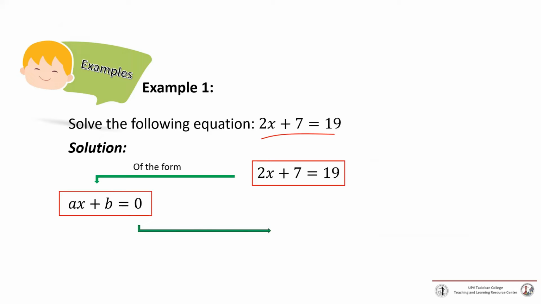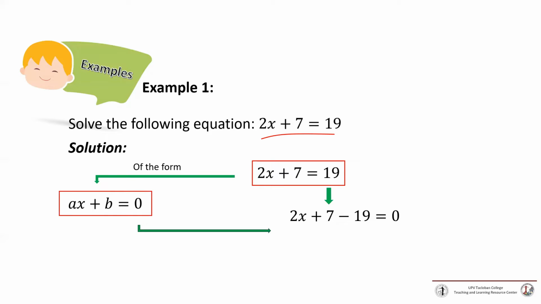Now how can we write 2x plus 7 is equal to 19 in the form ax plus b is equal to 0? You combine like terms. That is 2x plus 7 minus 19 is equal to 0, by applying the basic properties of algebra in solving the equation.